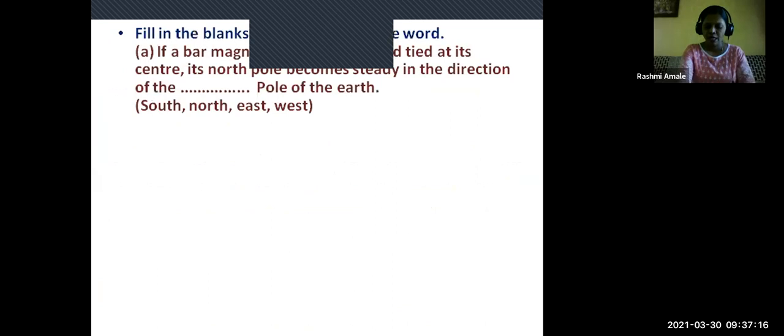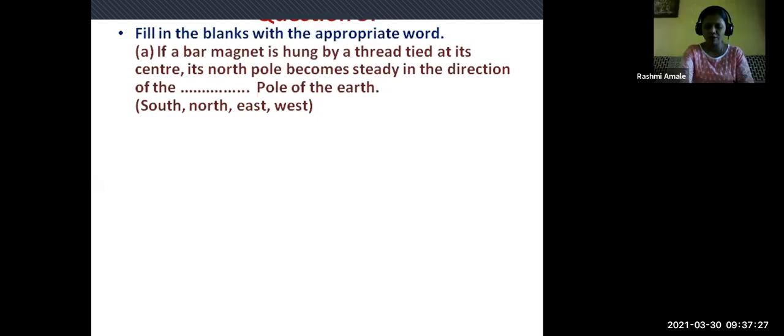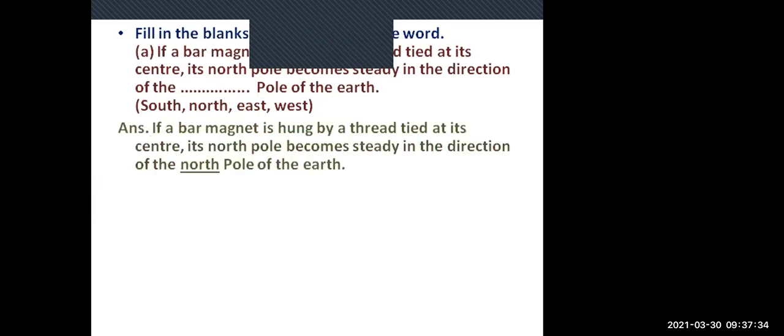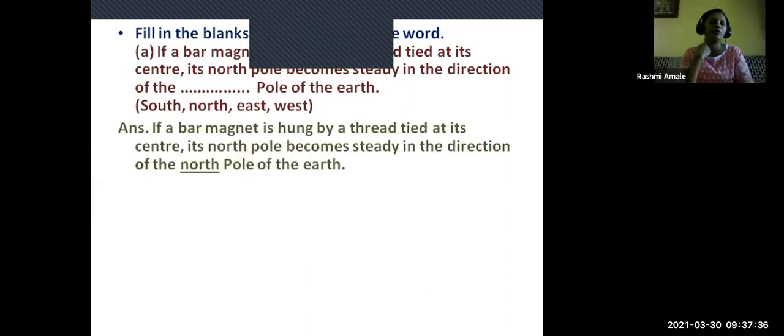All right. If a bar magnet is hung by a thread tied at its center, listen carefully, children. Its north pole becomes steady in the direction of the dash pole of the earth. North. Yes, north pole of the earth. Can you read the whole sentence?